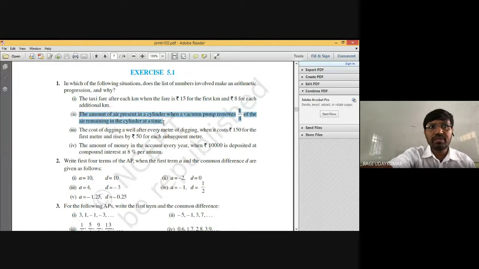Next, the amount of air present in the cylinder when the vacuum pump removes 1/4 of the air remaining in the cylinder at a time. Whether it is an arithmetic progression or not.